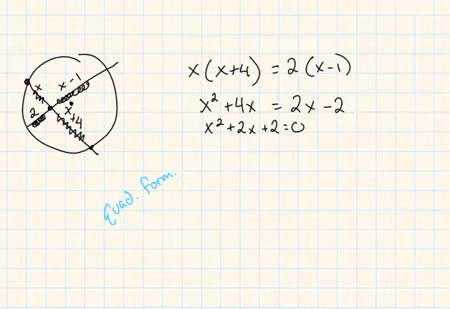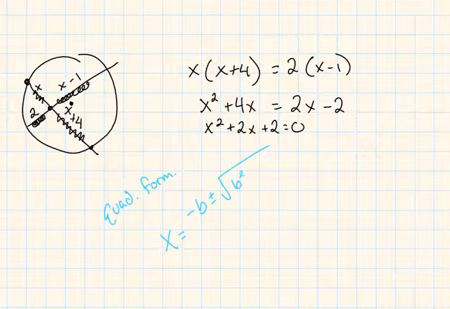It will say to round to the nearest tenth or something like that. So all possible values of x equal the opposite of b, plus or minus the square root of b squared minus 4ac, all over 2a.